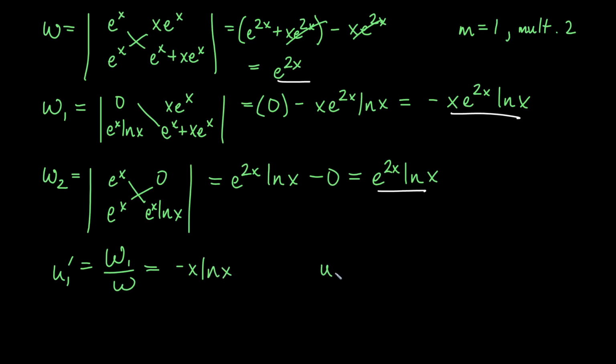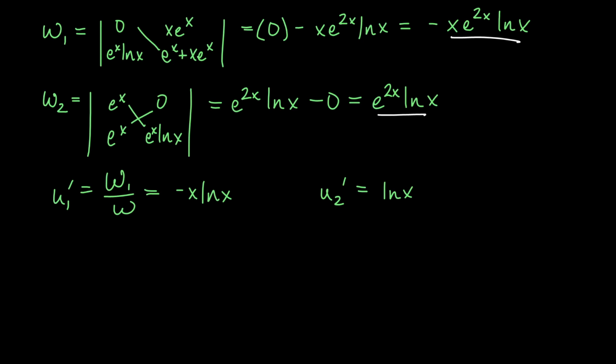And our u2 prime will have e to the 2x ln x divided by e to the 2x. We'll just get ln of x. And now from here, we'll have to figure out these integrals. So this tells us that u1 is going to be the antiderivative of negative x ln x dx. And u2 is going to equal the antiderivative of ln of x dx.